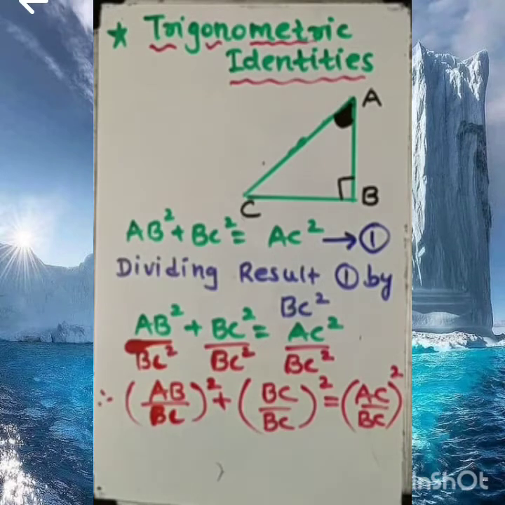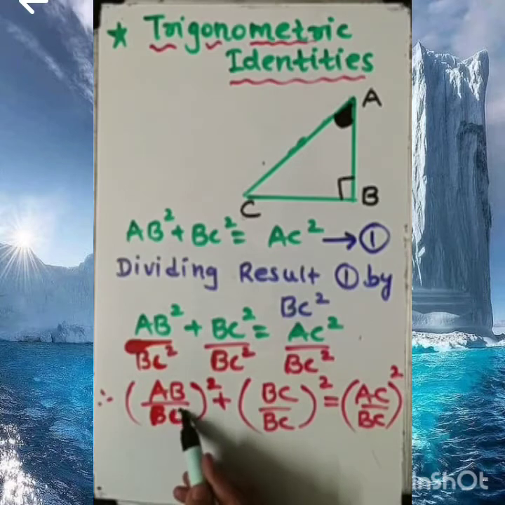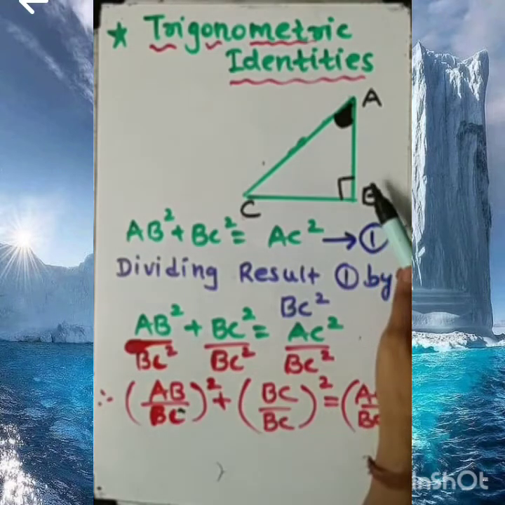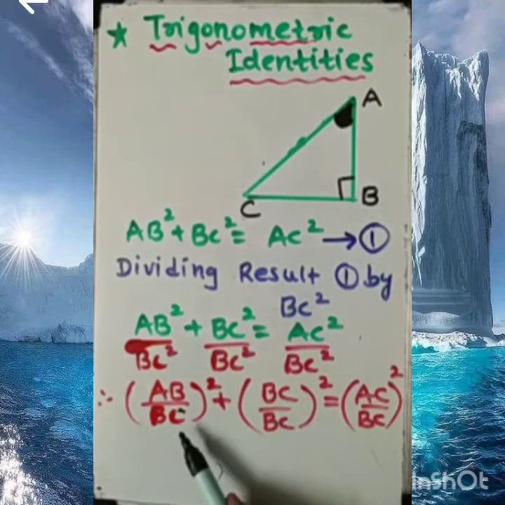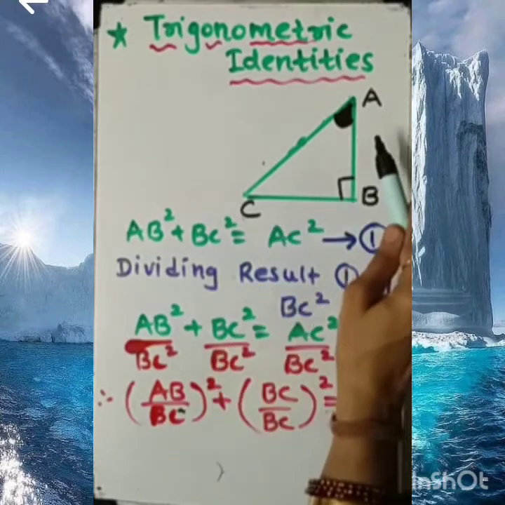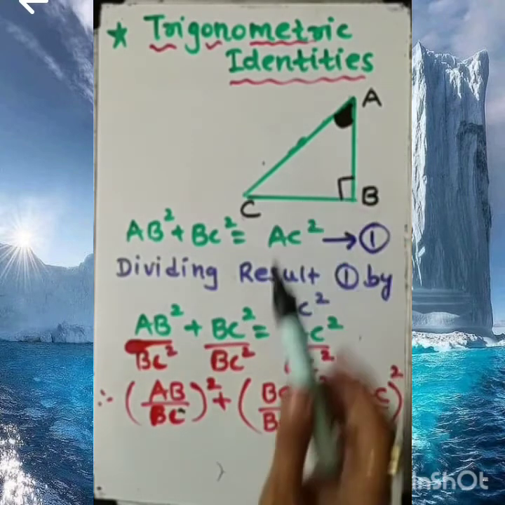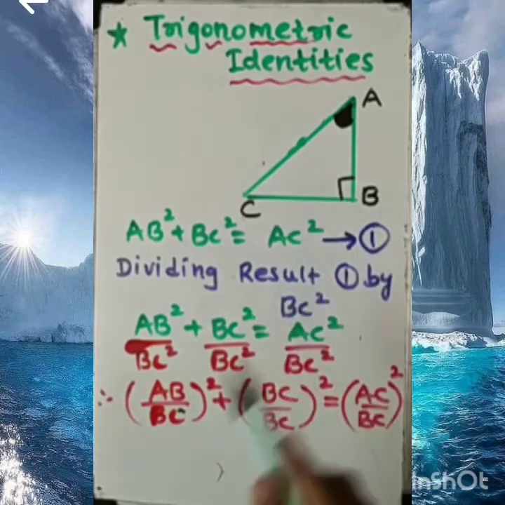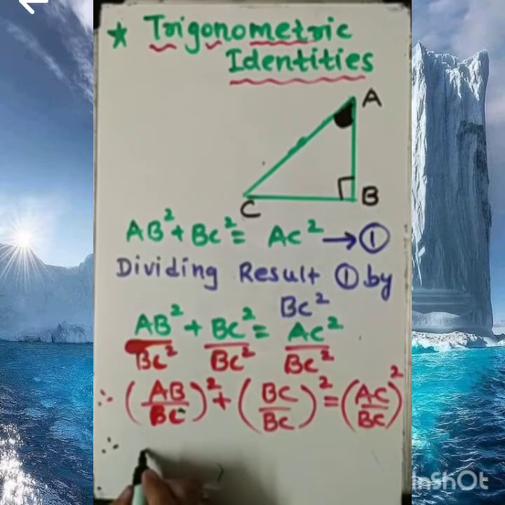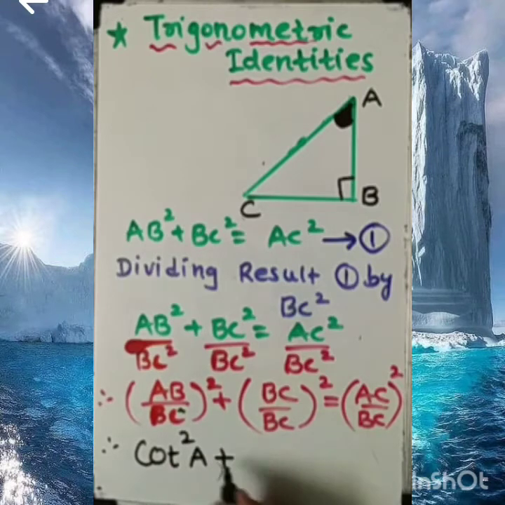Okay, now AB upon BC. What is AB upon BC? Look at your screen. AB is the base and BC is the perpendicular. B by P, of course, is cot. So I need to mention this is cot square A because of the square.